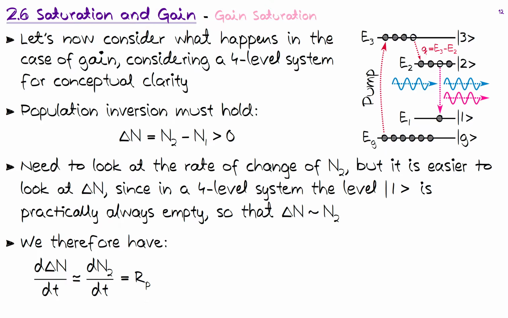In addition, we have the stimulated emission taking place, W times delta N. And then we have spontaneous relaxation from the state to the lower states. This N2 divided by tau corresponds to spontaneous decay to the first state and also to the ground state. So we have this rate equation. Rp, like I mentioned already, is the pumping rate.